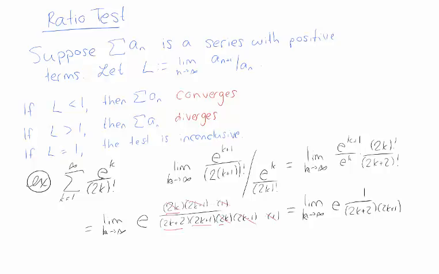Now it's pretty easy to see that when k gets real big, this e isn't going to matter, and this limit is just going to be 0. So since the limit is equal to 0, and that's less than 1, our series is going to converge.